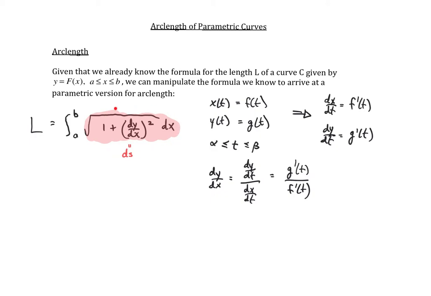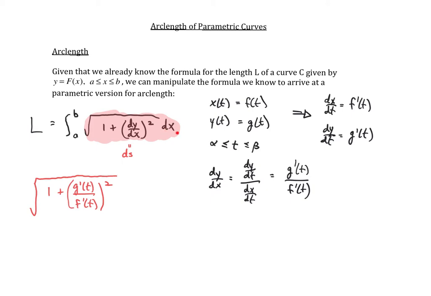So let's work with this ds piece right here, and let's substitute in our dy dx and our dx. So we're going to have 1 plus, we're going to replace the dy dx with g prime of t divided by f prime of t. That whole thing is squared, and then that thing goes under a square root.